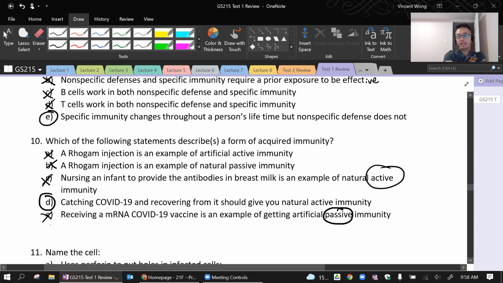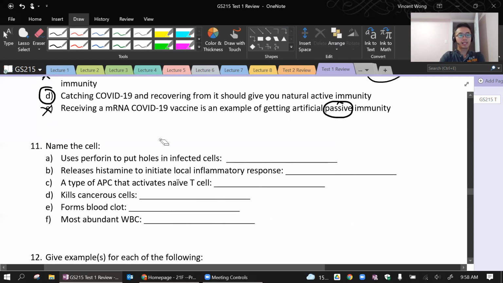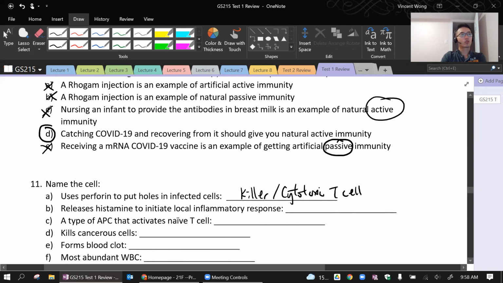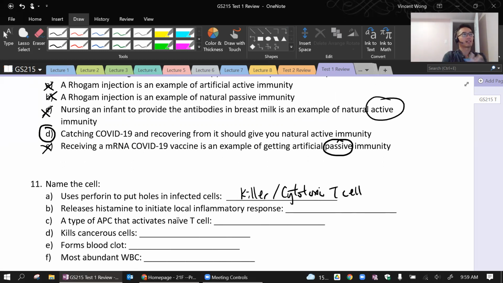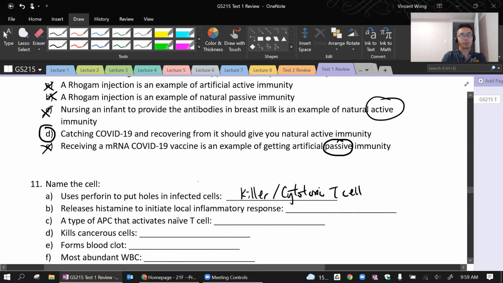So the correct answer is D. Name the cell that uses perforin to put holes in infected cells. That is the killer T cell. Oh, sorry, I just have a question. You said nursing an infant to provide antibodies is natural passive. Yeah, because passive is like you did not make, in this case, the baby did not make the antibodies, right? The mother did. So that's why it's passive. Okay, thank you. Yeah, no problem.